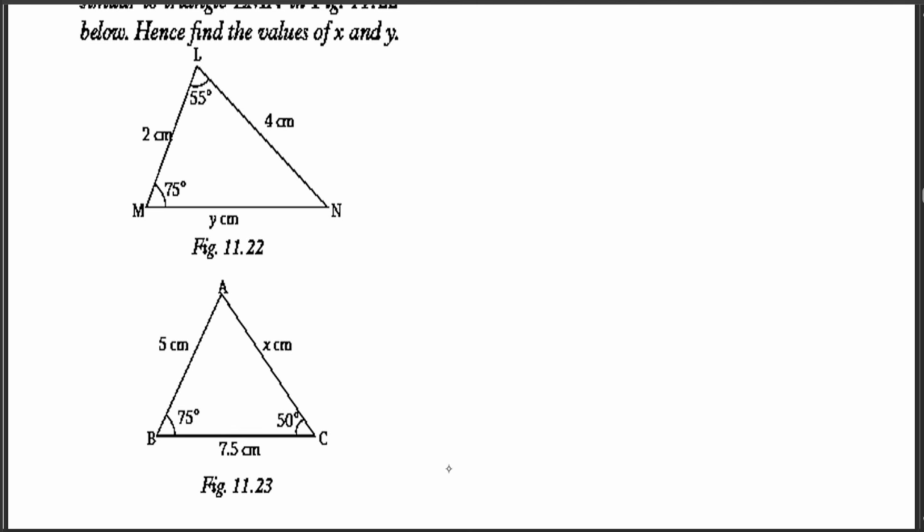Now this side is this side. So this one is this one. So we say that AC is similar to LN. Right. That's one thing that we know. Now, obviously, if this is 55, this is 75.